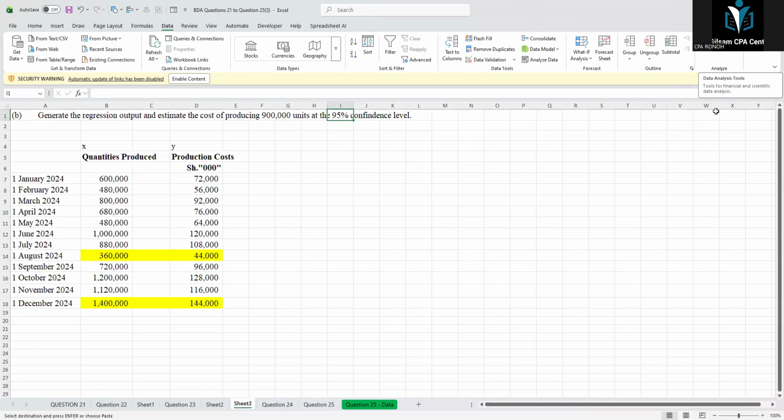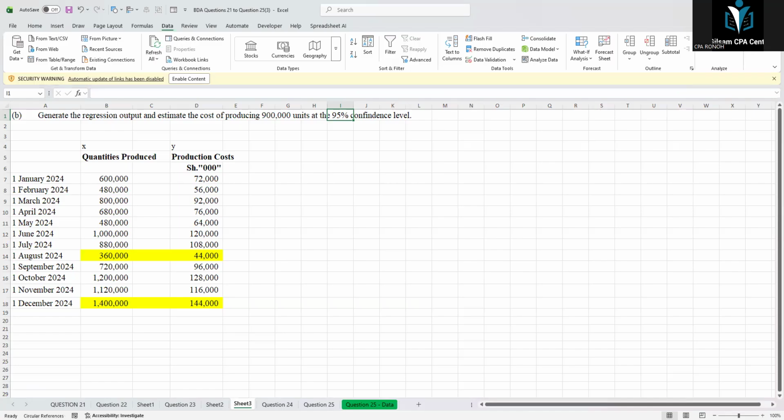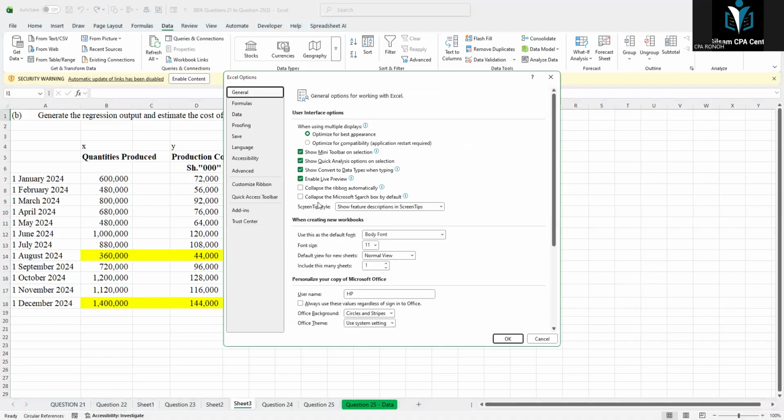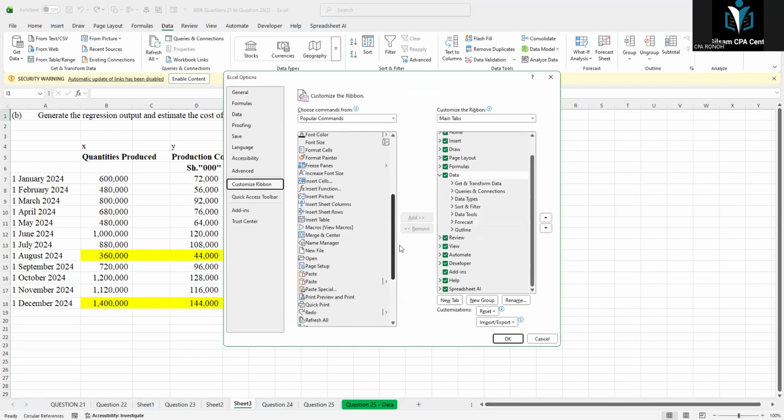So what you just need to do is to go to File, Options, choose the option. So under the option, come to Customize the Ribbon, and then there is Add-ins.